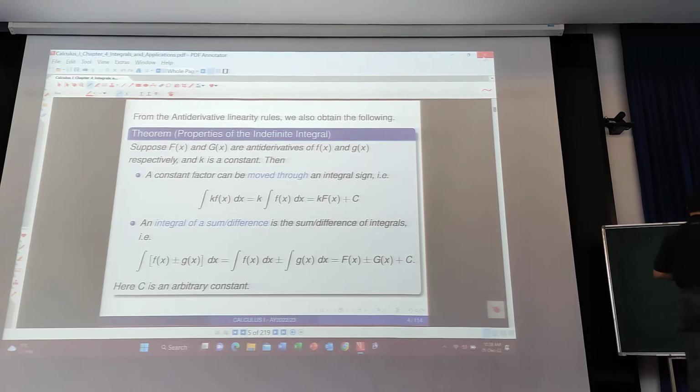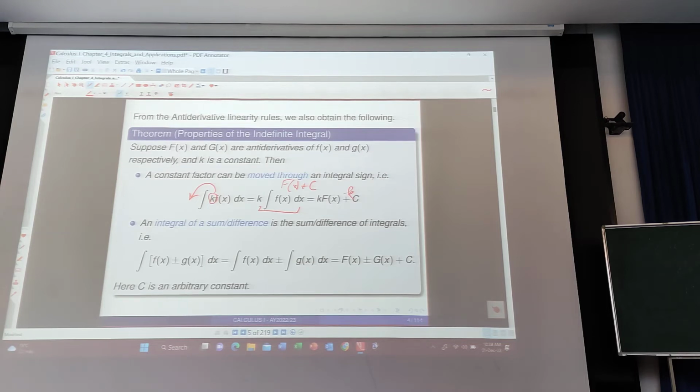Which means the integral of kf, where k is a constant, equals k times the integral of f. But this is actually F(x) plus some c. And here you should have kc, right?